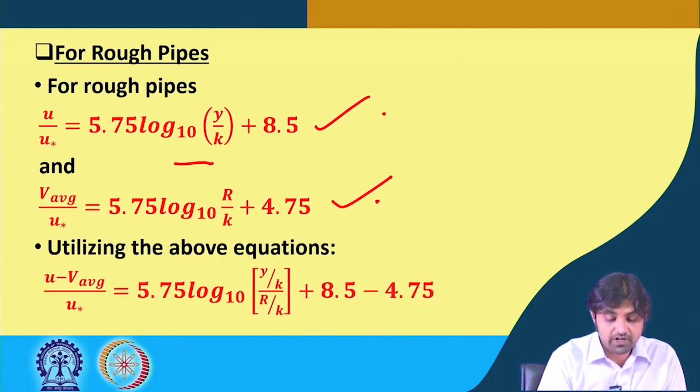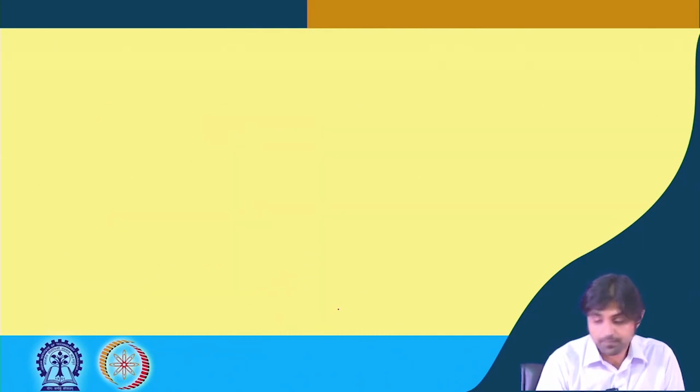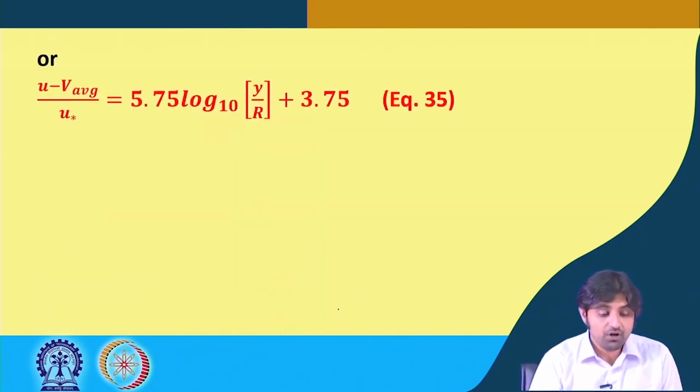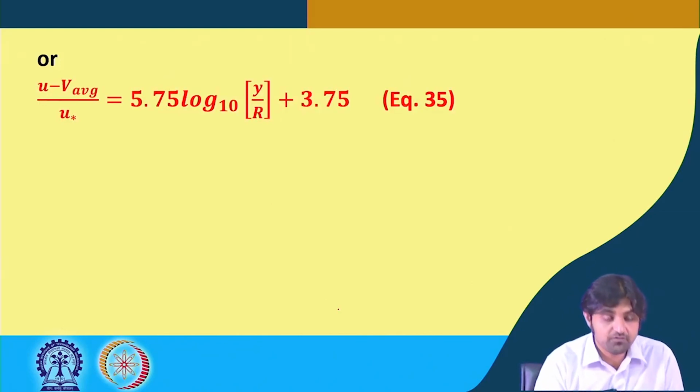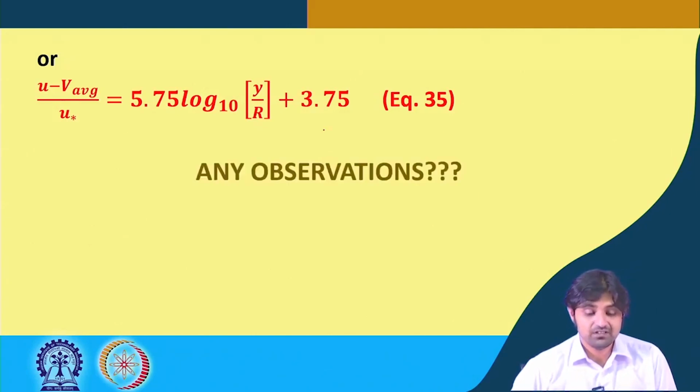So, we have y by k divided by r by k plus 8.5 minus 4.75, okay, or we can simply get u minus V average by u star is equal to 5.75 log to the base 10 y by r plus 3.75.